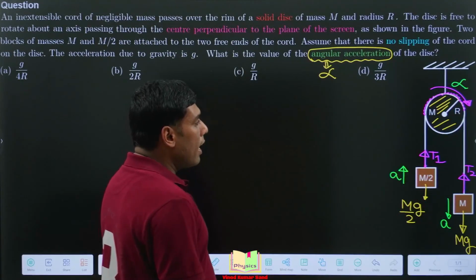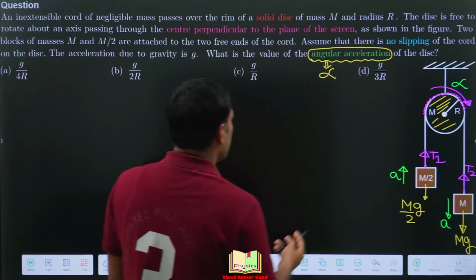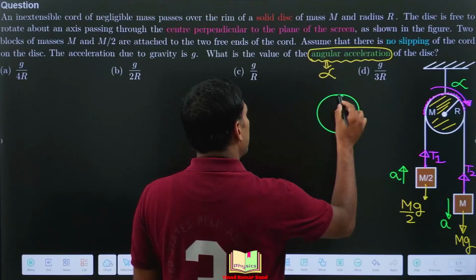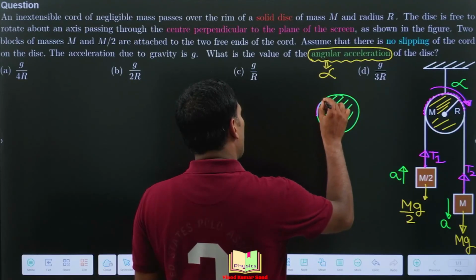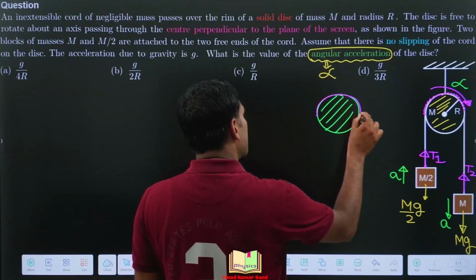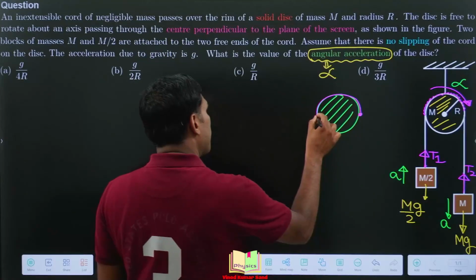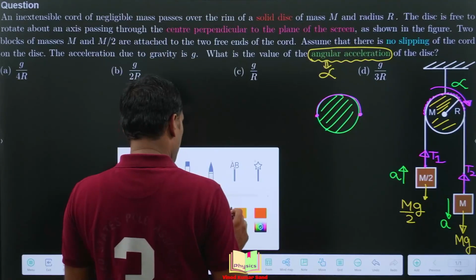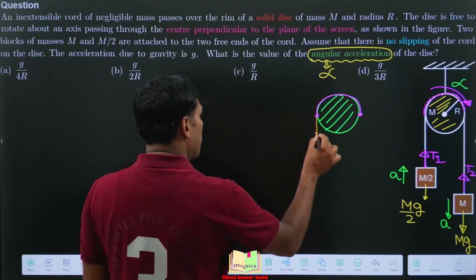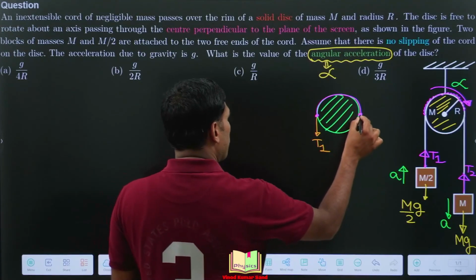To obtain alpha, let us focus on the disk once. Here is the disk. Some part of the string we show along with the disk like this. At this point and at this point we show the forces. So here I should bring the force T1, and here I should bring the force T2.